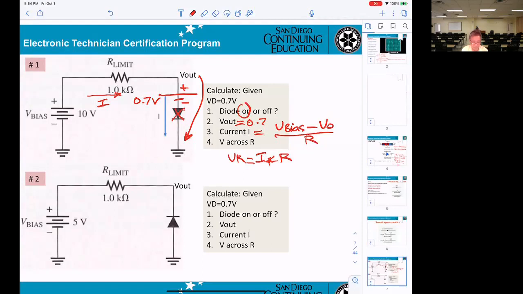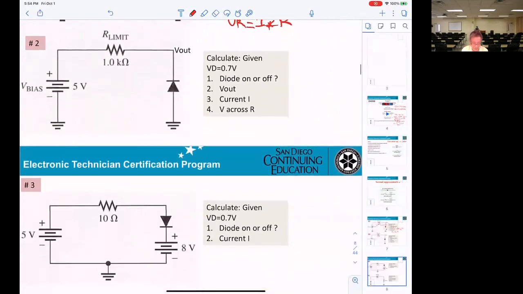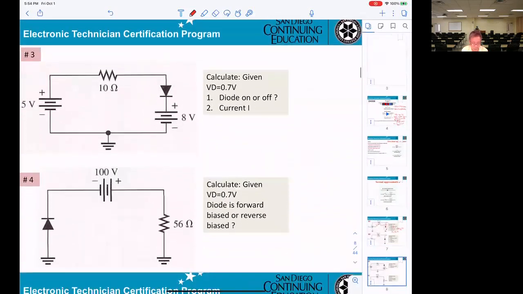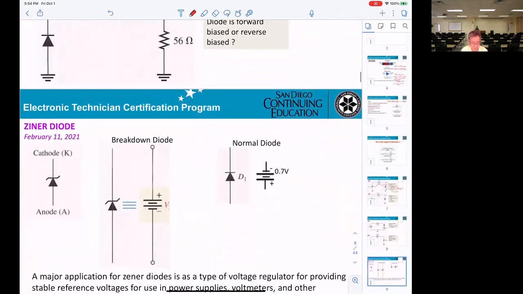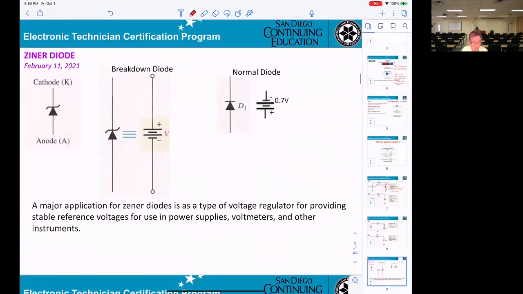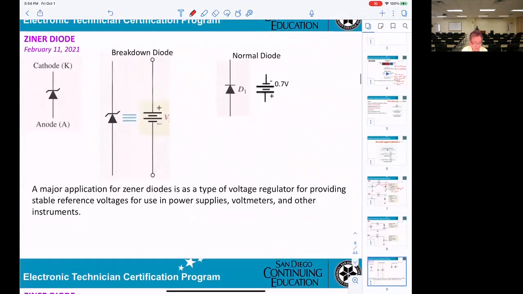Okay, so this one we already did. I don't want to go over it. Now, the next one, I want to make sure you understand. Otherwise, you cannot get through it. We're talking about the Zener diode.